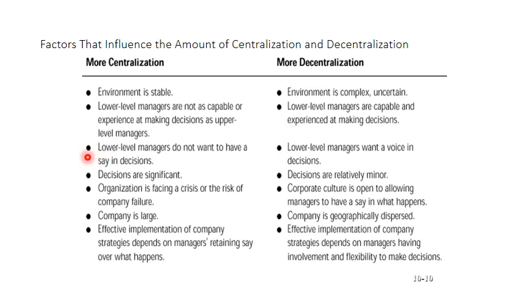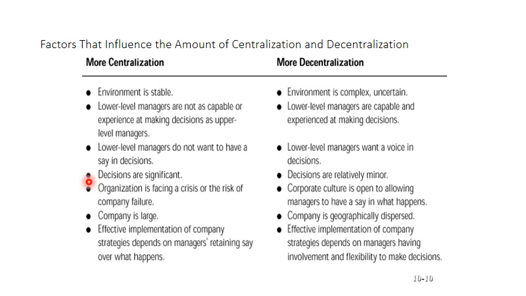In centralization, lower level managers do not want to have a say in the decision, while in decentralization, lower level managers want a voice or a say in the decision making.